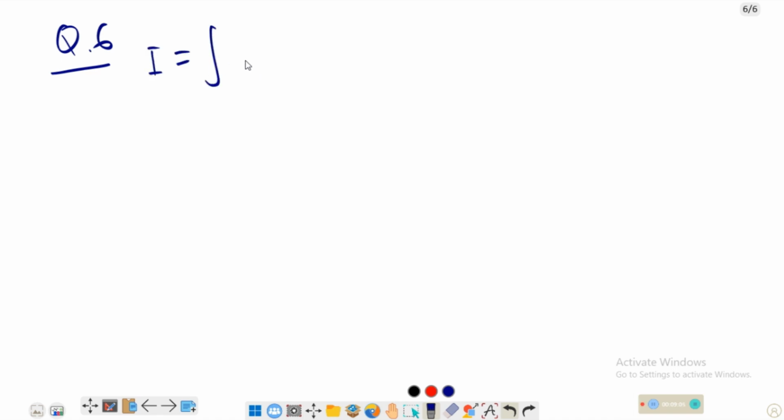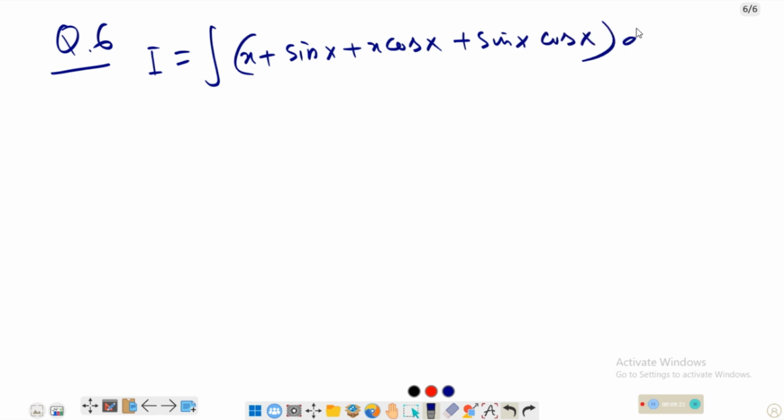I is equal to the integral of x plus sin x plus x cos x plus sin x cos x dx.